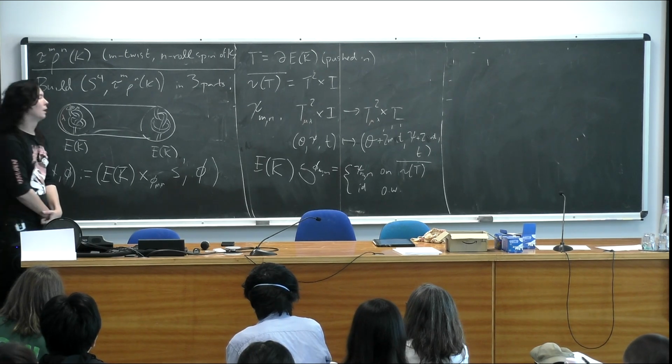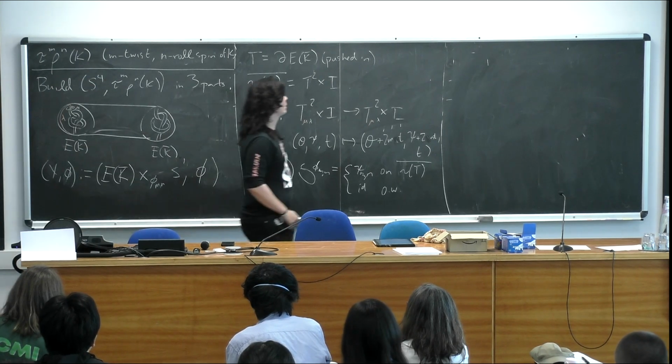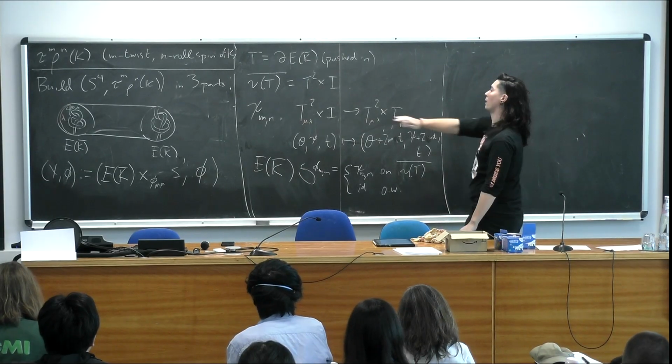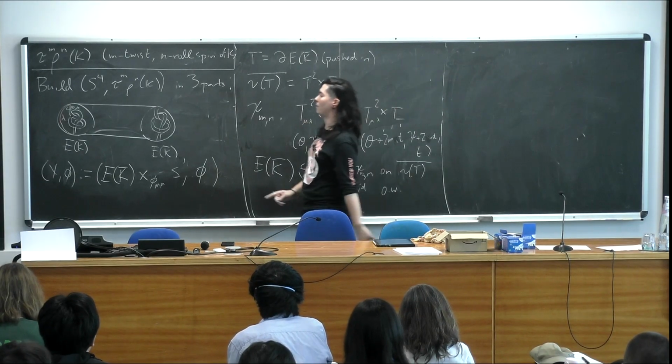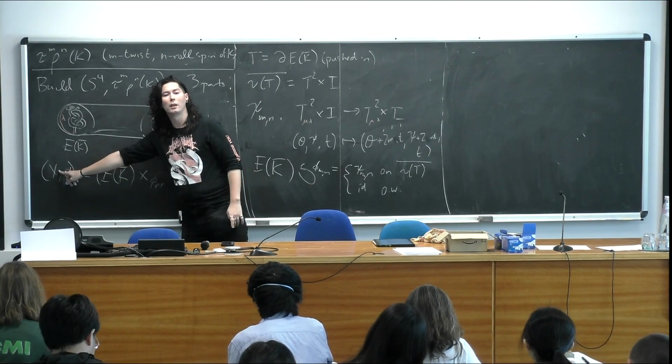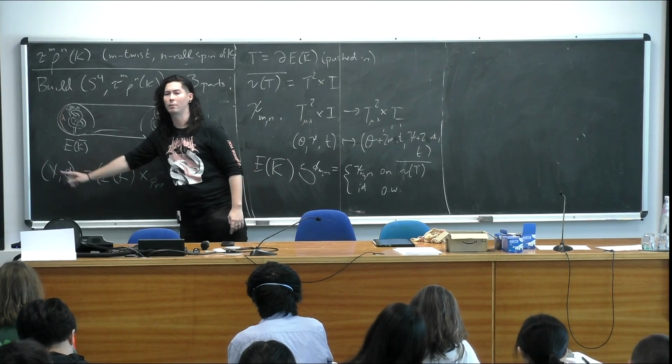All right. Instead of working with all of that, it turns out what I can do is the following. The boundary of this guy, after I smooth corners, can be identified with T3.